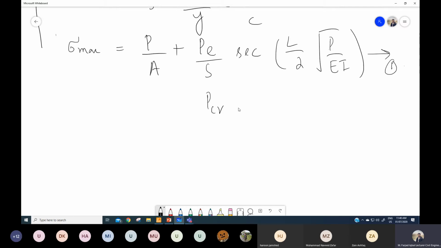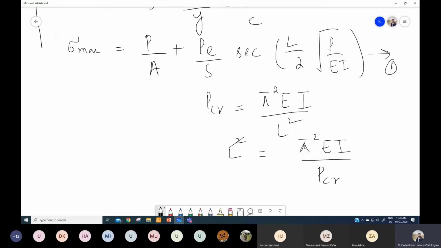There is another form that we know from the Euler formula, for columns loaded right on the centroidal axis. We have P critical equal to pi square EI over L square. If I modify this, L square goes over here, and L will be under root pi square EI over P CR.